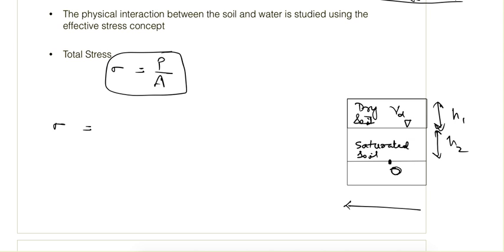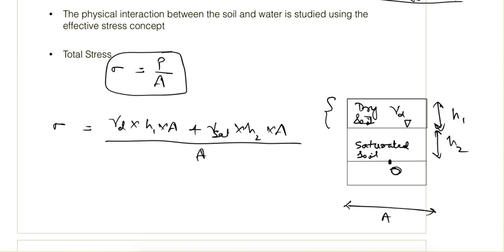If the area of this sample is A, the total load will be gamma D times H1 into A for this part, and gamma saturated times H2 into A, divided by total area. So the total stress can be written as gamma D H1 plus gamma saturated into H2.